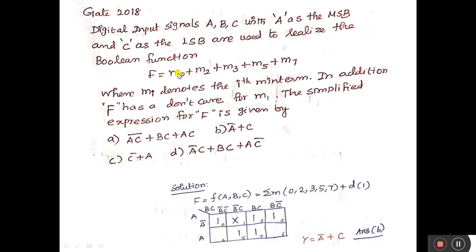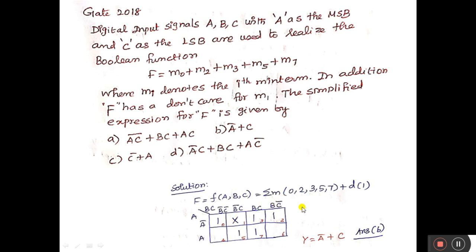Given the minterms m0, m2, m3, m5, m7, I can directly write F of A, B, C equals summation of m, that is minterms 0, 2, 3, 5, 7, along with the don't care value given. In addition, F has a don't care of m1, so I can write it as 1. Only 3 variables are given, so we can map on a 3-variable K-map.